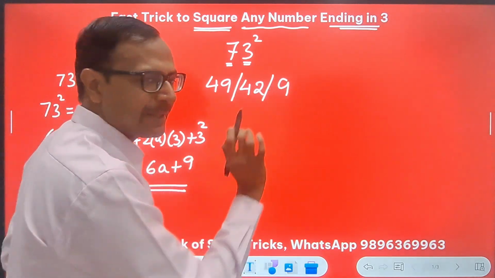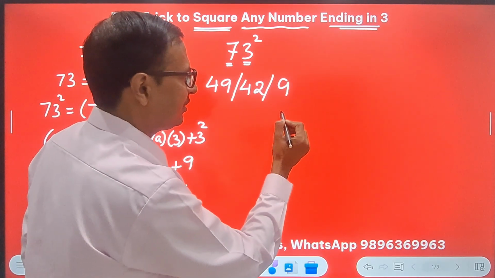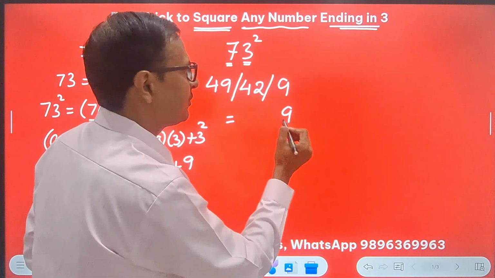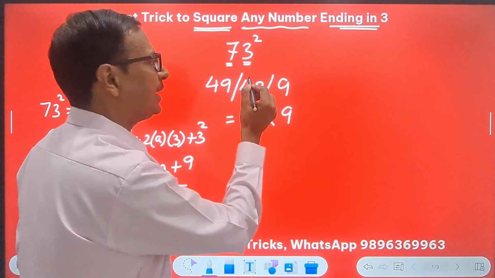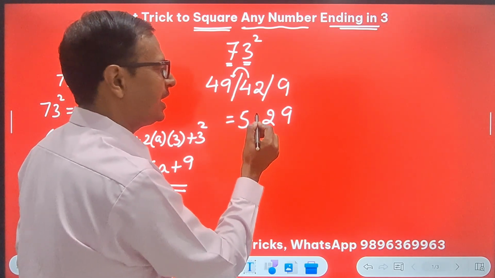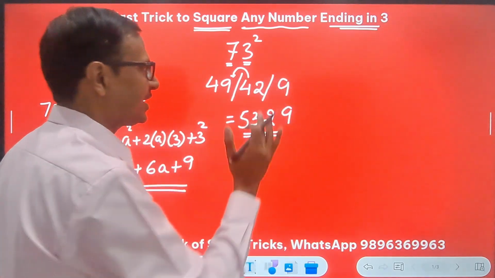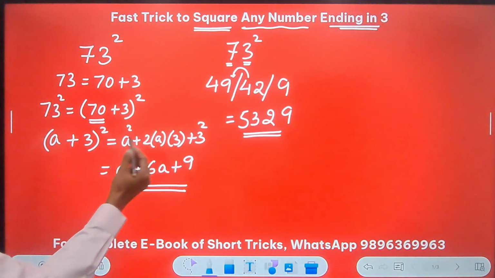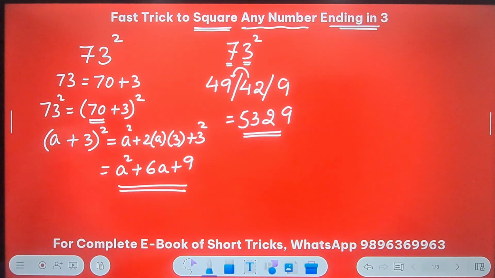In order to add them, the unit digit 9 will come as it is. 42, retain the 2 and carry forward the 4. So 49 plus 4 is 53, and now pick up the calculators and check, does this short trick a square plus 6a plus 9 work, and is the answer 5329 correct?